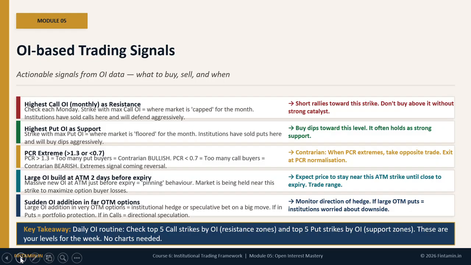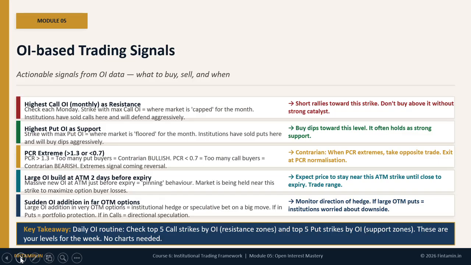Mass put buying equals extreme fear equals contrarian buy signal. This has signaled bottoms before major Nifty rallies multiple times. Post-COVID in 2020, post-rate hike fear in 2022, and multiple other occasions.